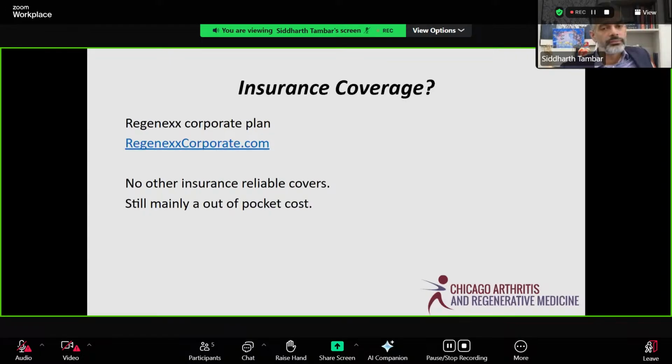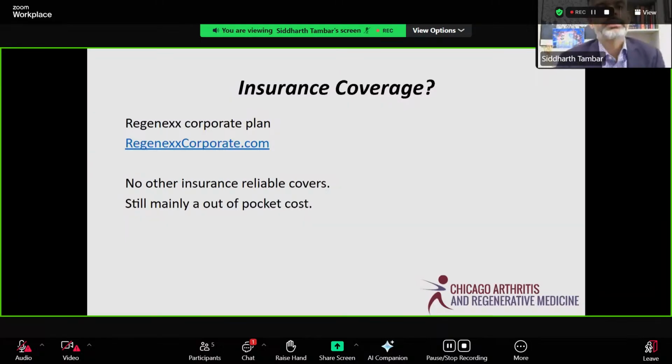Insurance coverage. Look, these procedures are generally not reliably covered under insurance. The exceptions: if you work for a large company that is self-insured, they have the option of adding whatever they want to their benefits plan.